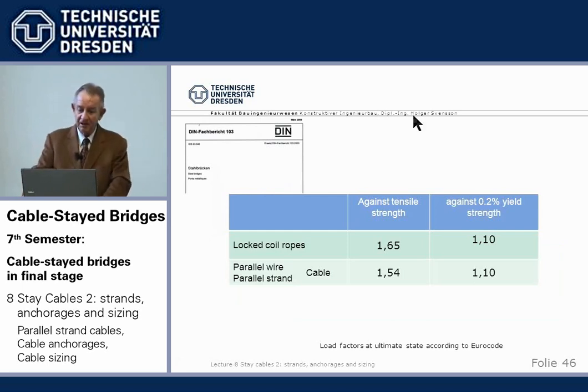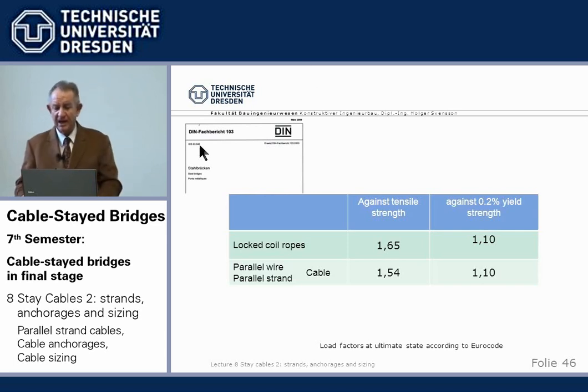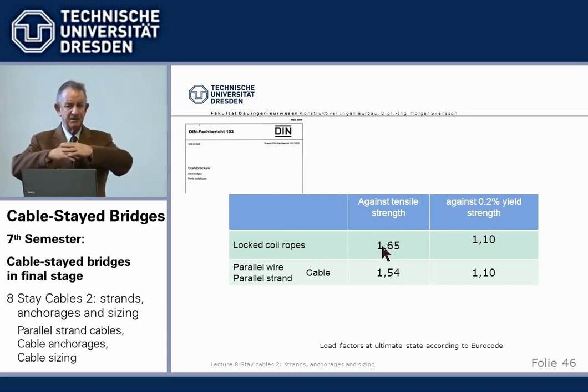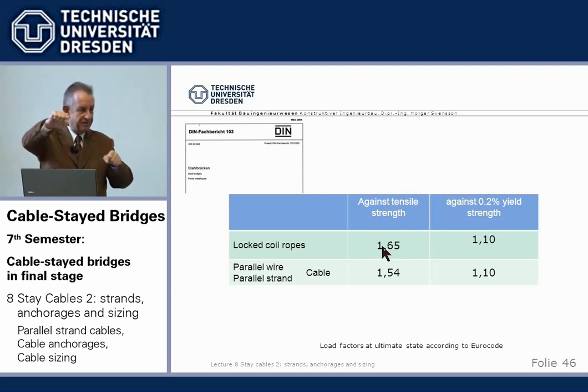Now, of course, nowadays we normally size things in the ultimate limit state. That means instead of permissible stresses, we have load factors. And the load factor against tensile strength, against ultimate strength, is 1.65 and 1.54. The lock coil ropes are always a little more suspicious because they don't have the fixed yield point.